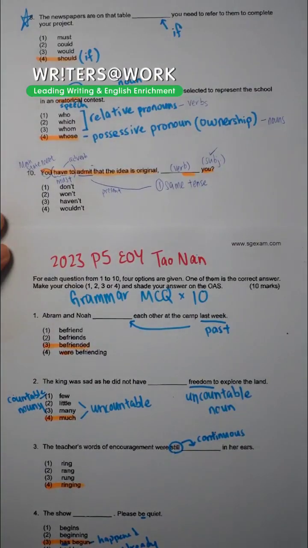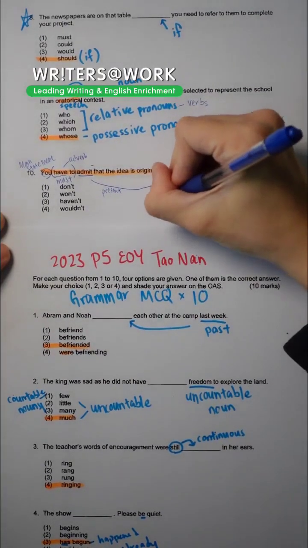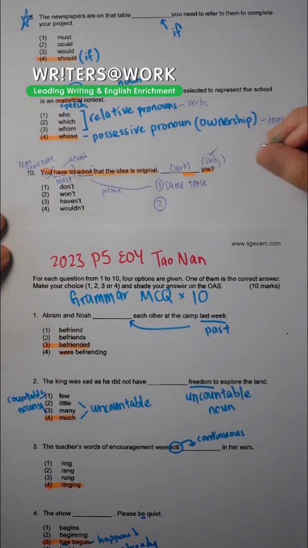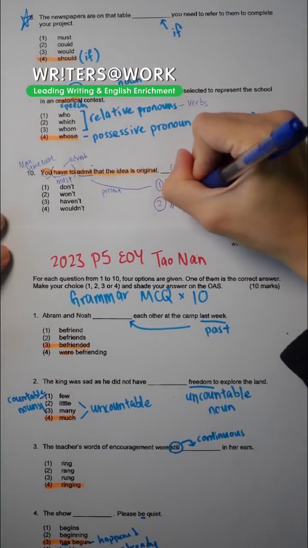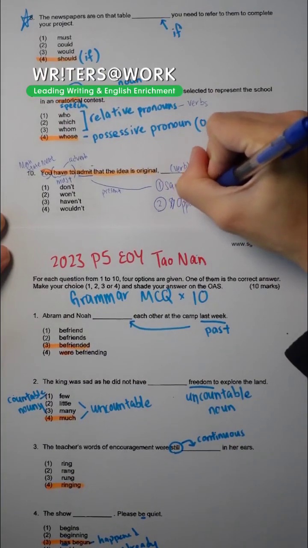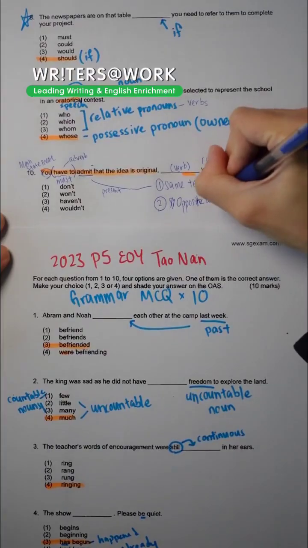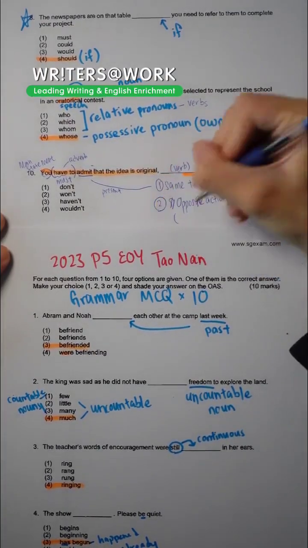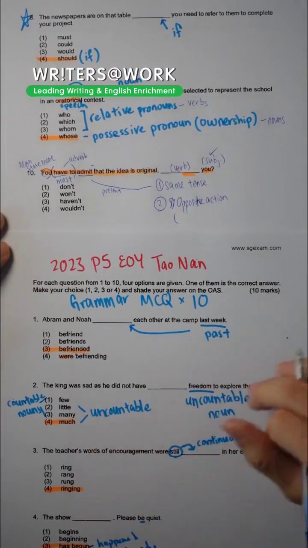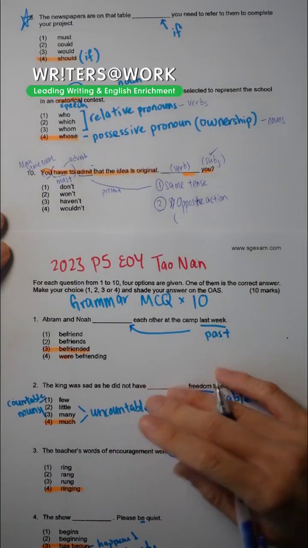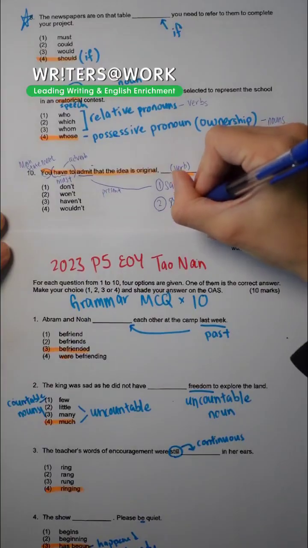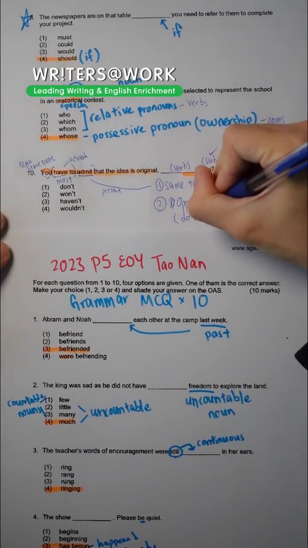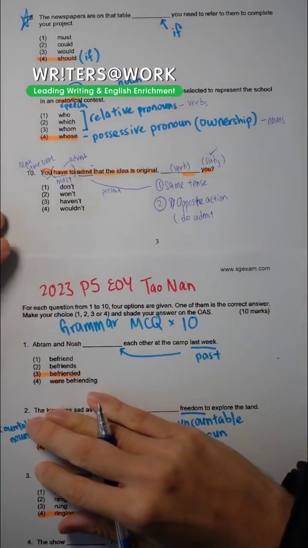Okay. Second rule that we need to follow, once you have the same tense, it must also be the opposite action. Okay. What is the opposite action here? In this case here, the action is to admit, do admit.